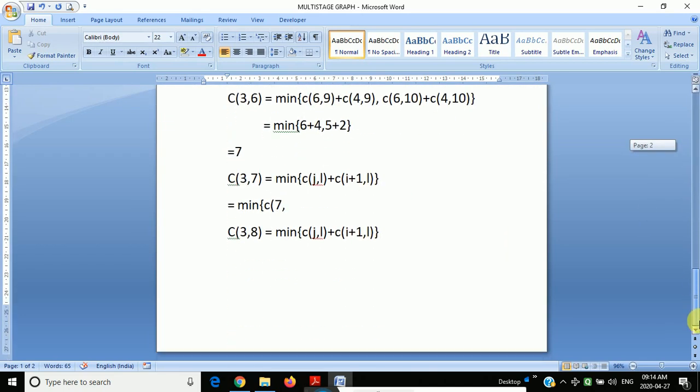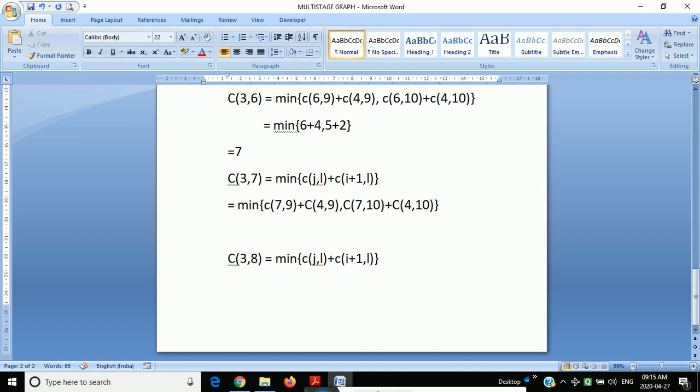So you have to go here, 7 comma 9, this is 1, and after that plus C. 3 plus 1 is 4 comma 9 plus C, 7 comma 10 plus C, 4 comma 10.